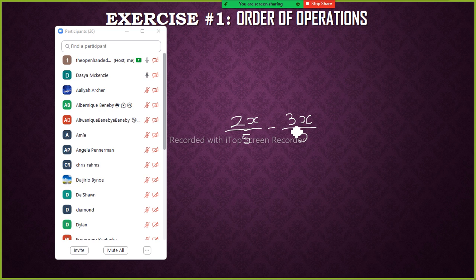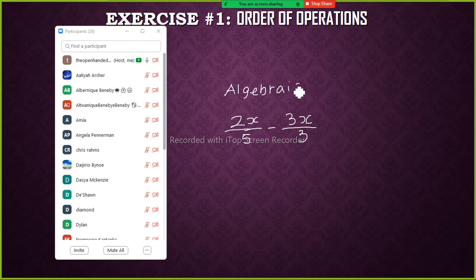Yes, it'd be like that. But then he said you have to keep the denominator. Yeah, you have to keep it. You don't want to get rid of it. This is algebraic fractions, right? With this one, the goal is not to solve for x. Okay, Deja?